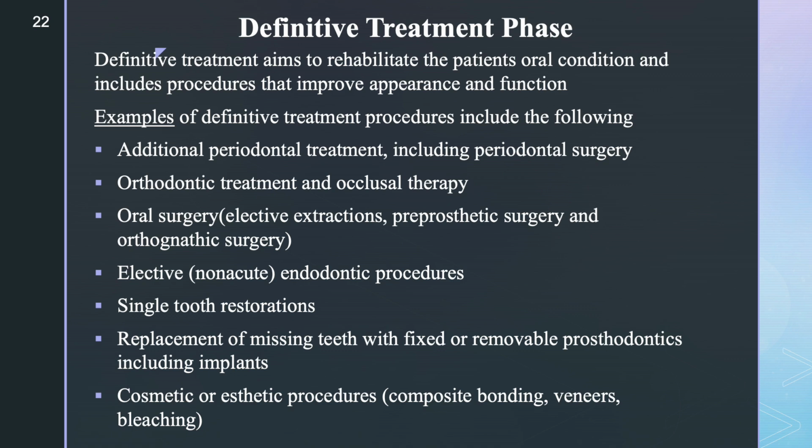For example, it can include additional periodontal treatment, including periodontal surgery, orthodontic treatment and occlusal therapy, oral surgery and pre-prosthetic surgeries and orthognathic surgeries, elective endodontic surgeries, single tooth restorations, replacement of missing teeth with fixed or removable prosthesis, and any other cosmetic or aesthetic procedures fall under this definitive treatment phase, which is all about rehabilitation of the patient's oral condition.